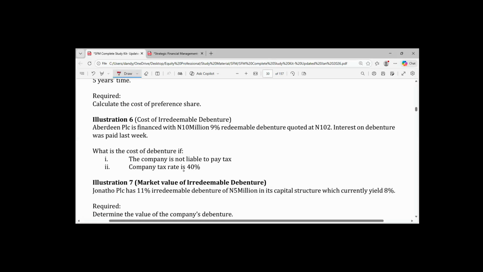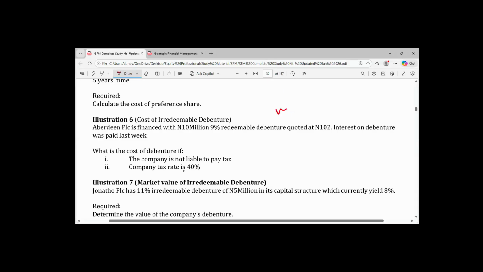We started with irredeemable, and we said that irredeemable preference share is the one in which the company is expected to pay annual fixed dividend, but the principal will not be repaid, and that the cost of irredeemable preference share is computed as the ratio of fixed dividend to ex-div share price. Okay? Of course, we have short examples just to demonstrate the concept.